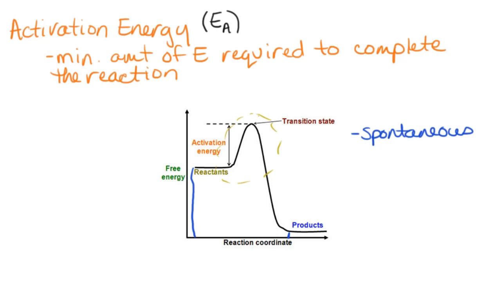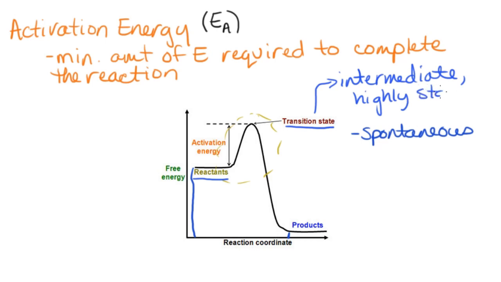Now, the reason for this is because when you have a reaction, those reactants down here have to reach this transition state. The transition state is an intermediate, highly unstable state.